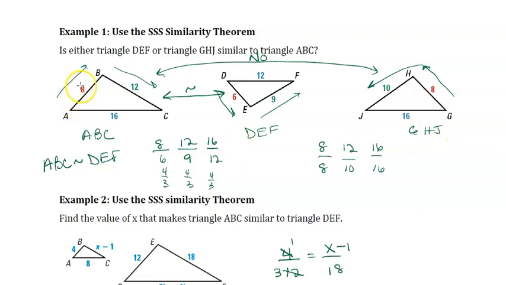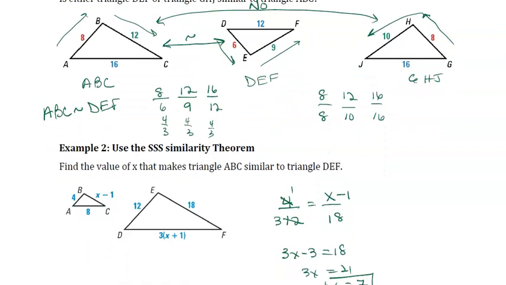Smallest on the left triangle is 8. Smallest on the right triangle is 8. Oh, that's going to be easy to reduce. Next is 12. The next size is 10. Ooh, I could stop right here because do you see how 8 over 8 is not the same as 12 over 10? Just by doing only those two, I could say that the triangle furthest right and the one furthest left are not similar.